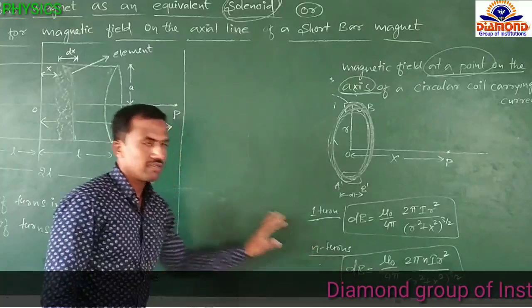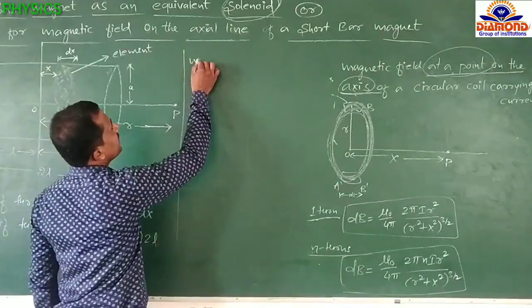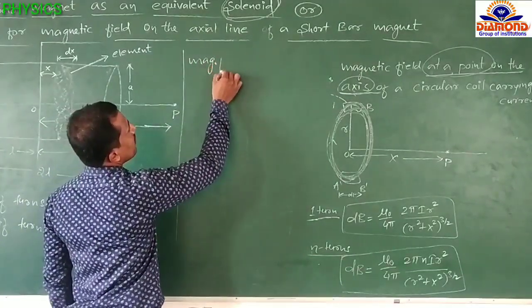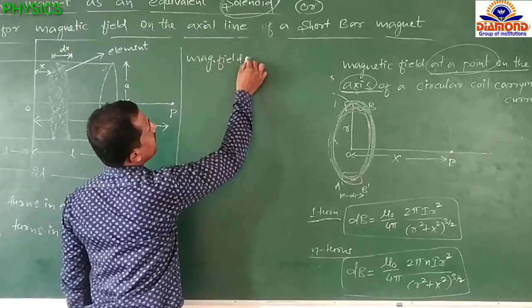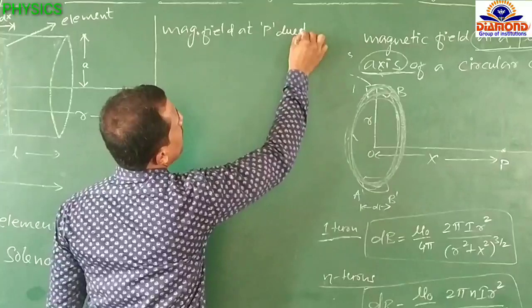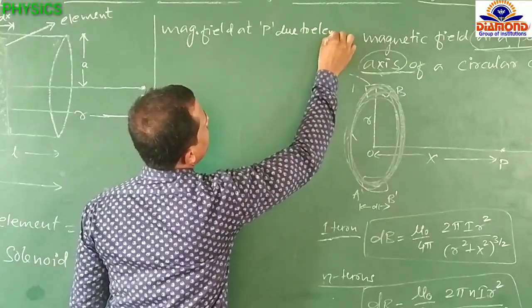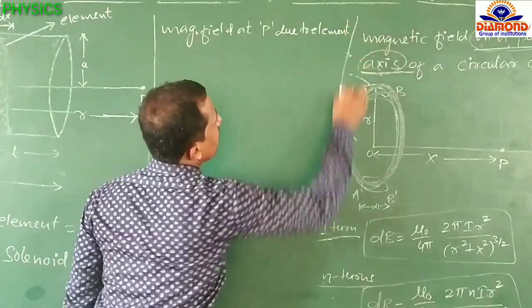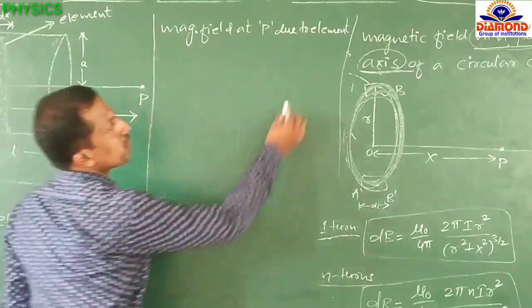According to this equation, we write the magnetic field at P due to the element.